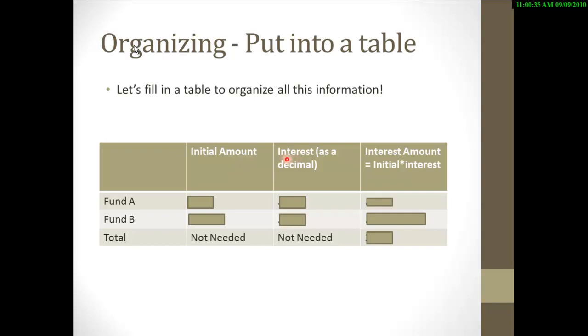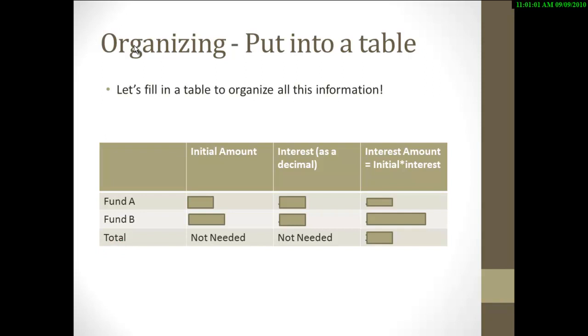We also have a percentage column, in this case that's the interest, and last we have a column that's going to be the two things multiplied together. In this case that's the interest amount, in other words the amount of money that we get from interest. For the rows of the table, the things along the sides, we've got each of the two funds, more generally just what we're interested in, and then last we have a total.